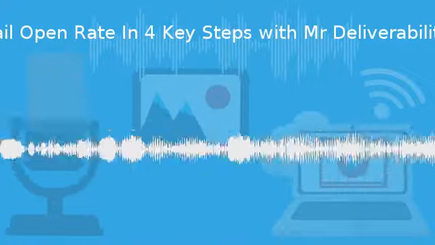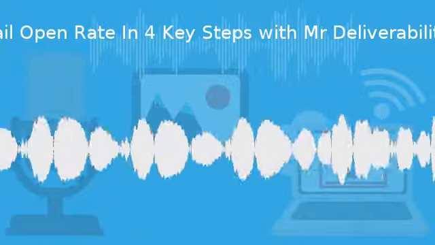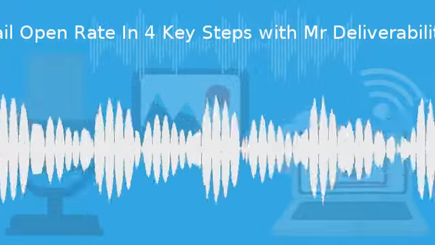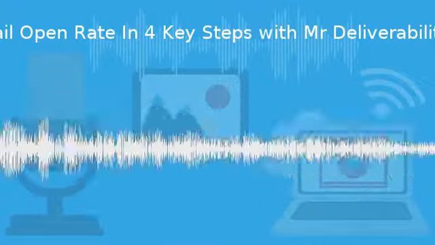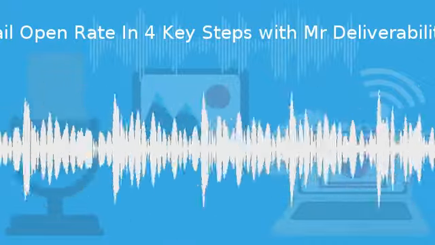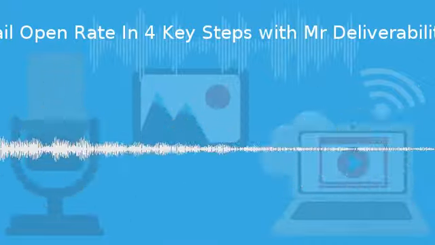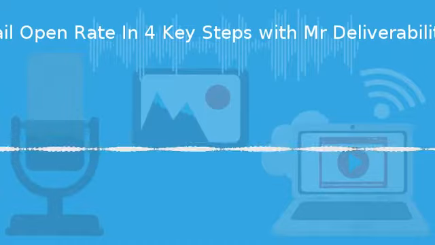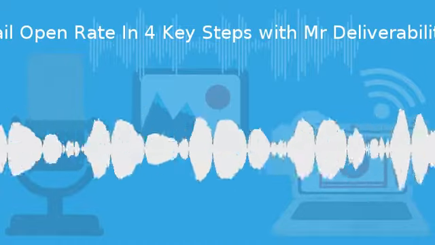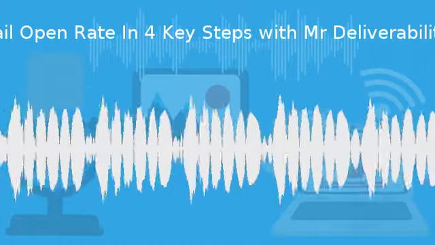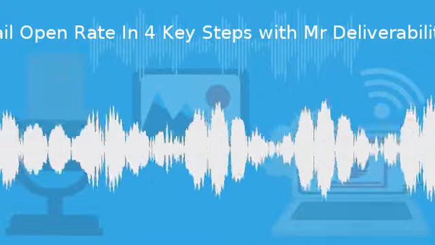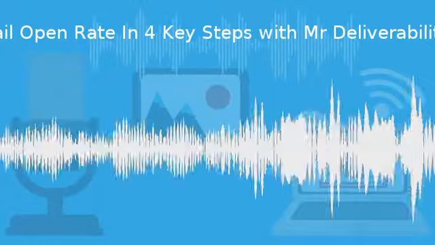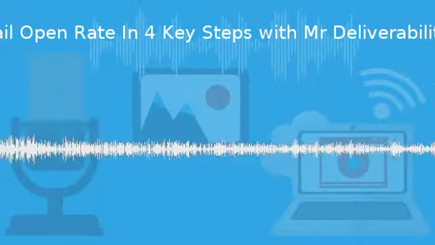When I've been working with some of my private clients, I had one that came in on just under a 12% open rate, and within 3 months their open rate had reached 25%. And even though they were mailing fewer people, the actual number of people opening the emails had gone up. So obviously the number of people hadn't doubled, but it had certainly gone up a bit from when it was at 11, 12%.